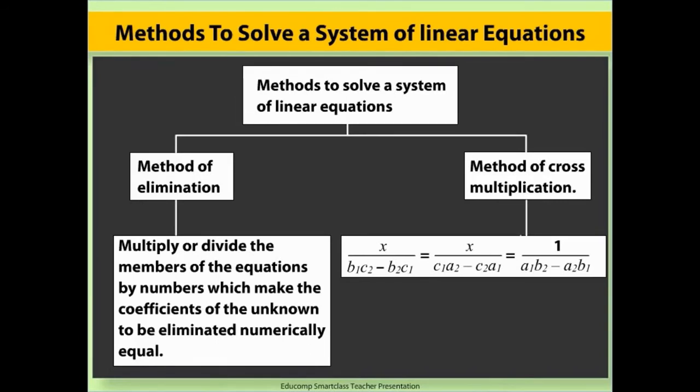Method of cross multiplication: x upon b1c2 minus b2c1 is equal to y upon c1a2 minus c2a1 is equal to 1 upon a1b2 minus a2b1.